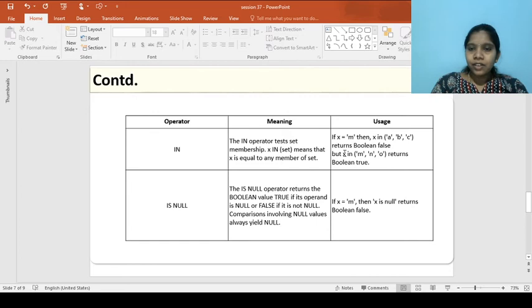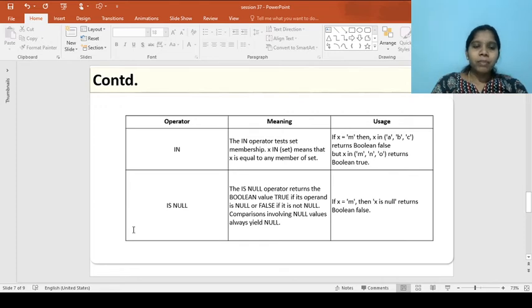Hence, it returns the false value. Let us consider another case. X in the set which contains the three values M, N, O. In this case, X is a member of the set, hence it returns the Boolean true value.